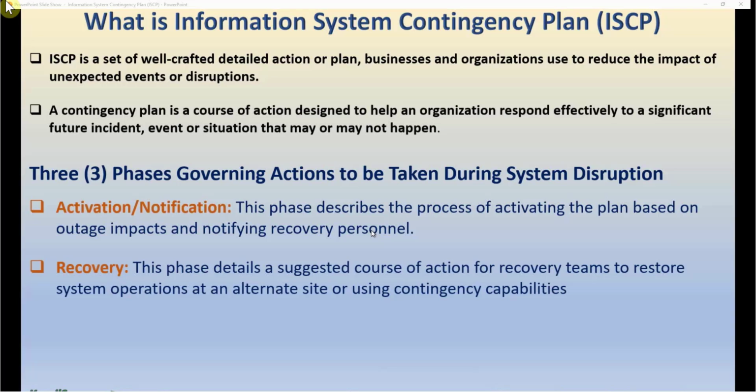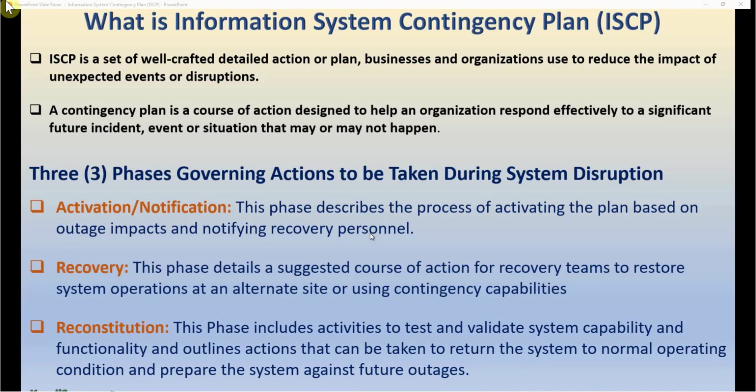This phase details a suggested course of action for recovery teams to restore system operation at an alternative site or using contingency capabilities. The third phase is the reconstitution. This phase includes activities to test and validate system capability and functionality, and outlines actions that can be taken to return the system to normal operating condition and prepare the system against future outages.